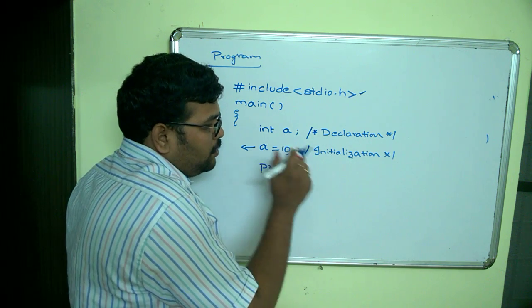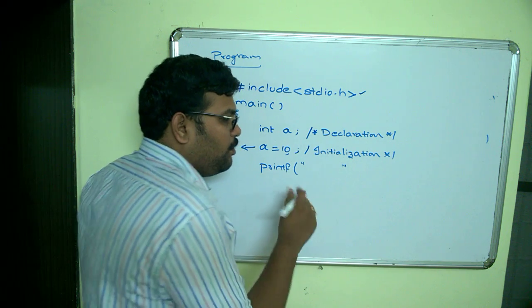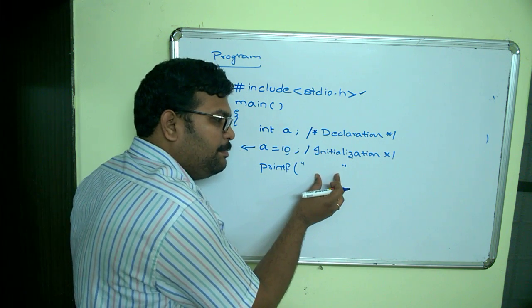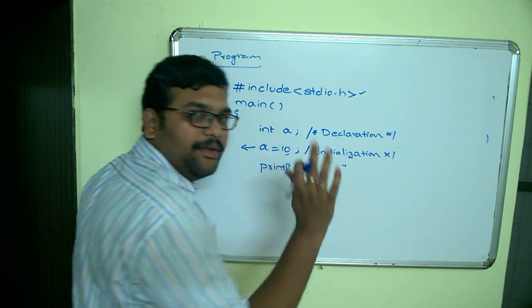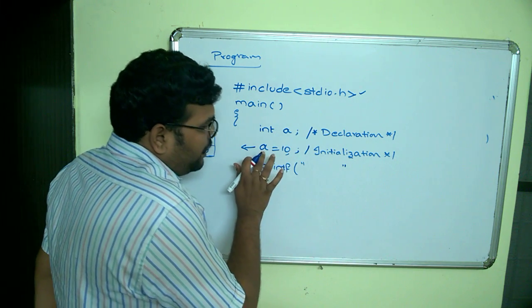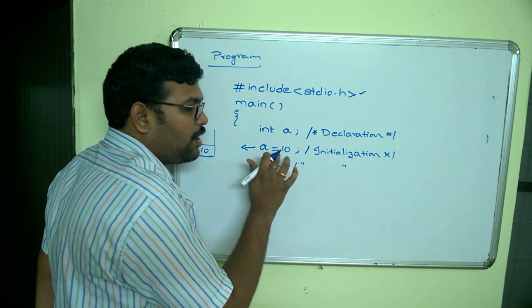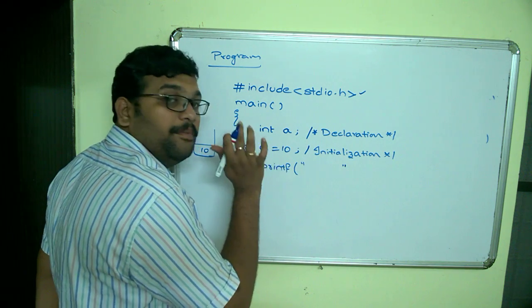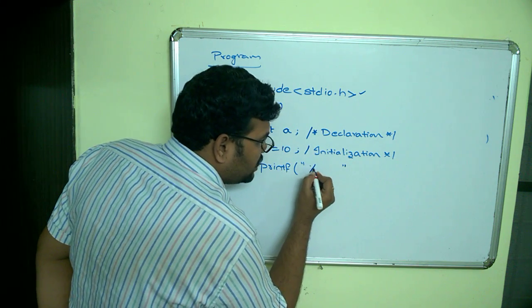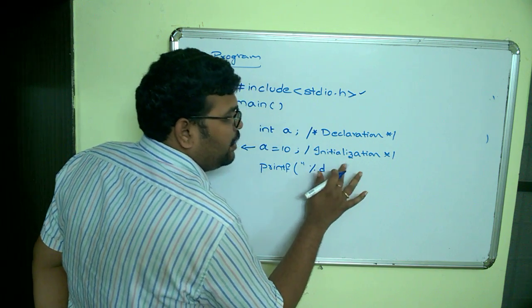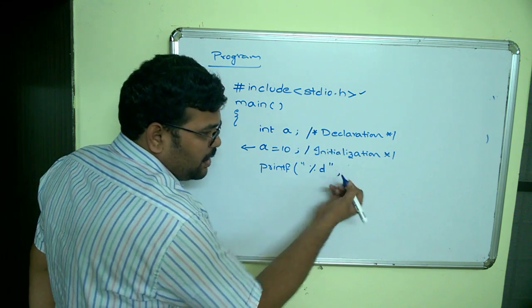So in the printf syntax, whatever we have written in between these two double quotations will appear on the screen. Instead of appearing a, I want the value 10. So I have to make use of a control string instead of the variable. It is an integer data type, so the control string I have to use is %d, close the inverted quotations, comma.